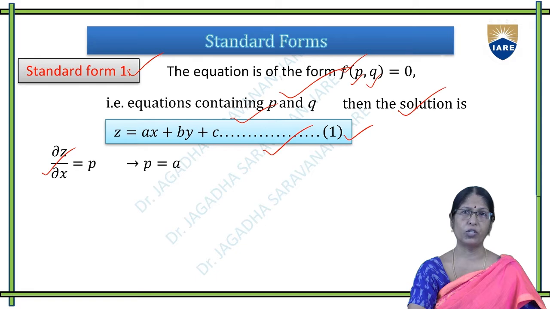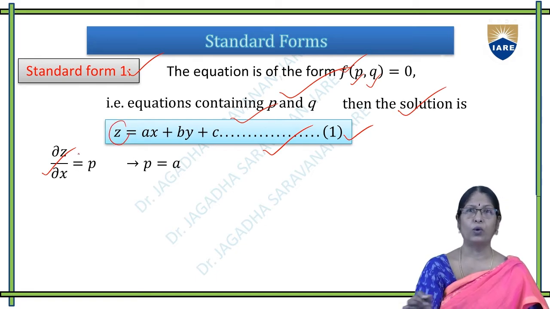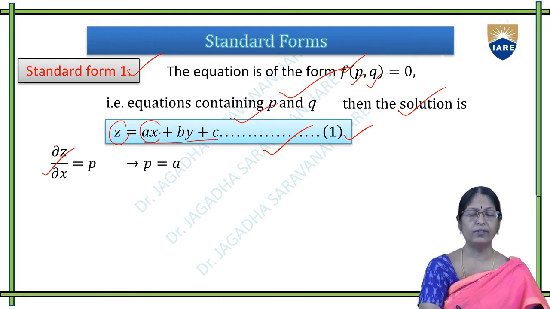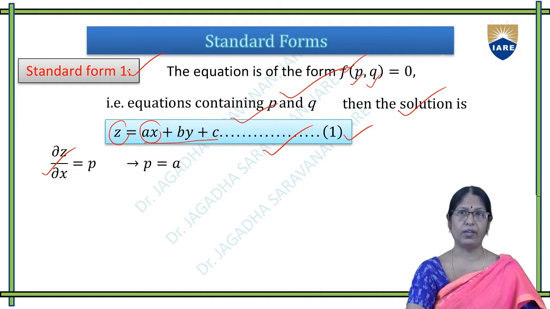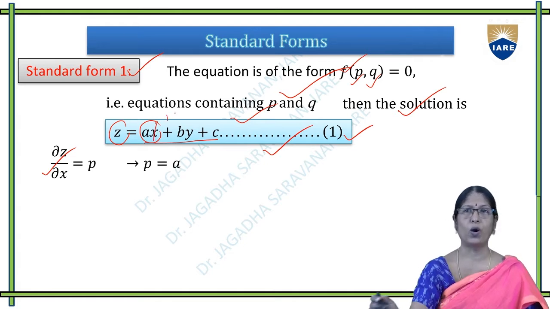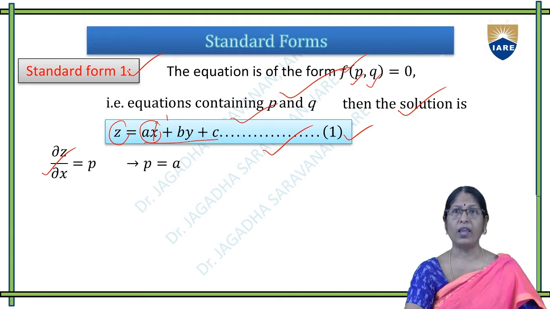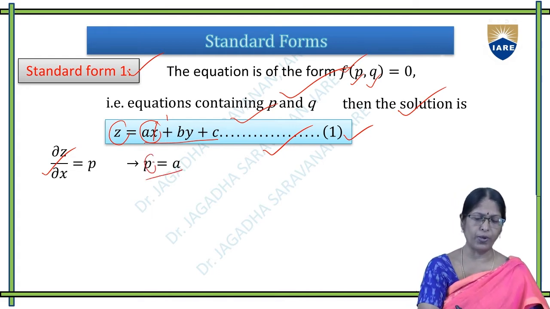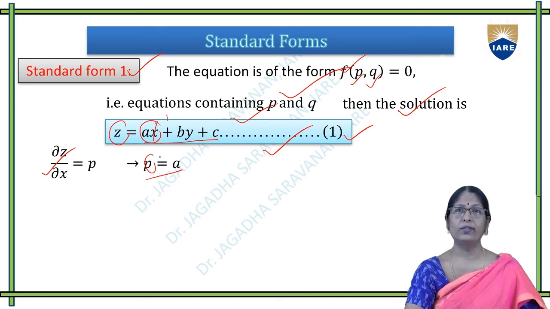The left side becomes dou z by dou x. On the right side, there are 3 terms, and only the first term, ax, has the variable x. When differentiating partially with respect to x, the derivative of x is 1, so a into 1 is a. And dou z by dou x is denoted by p.